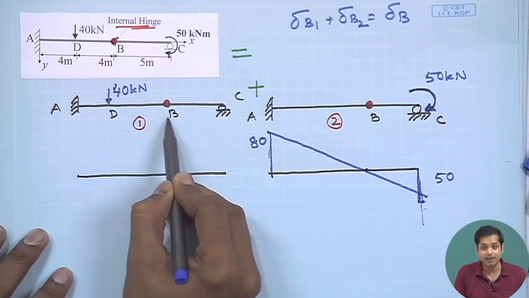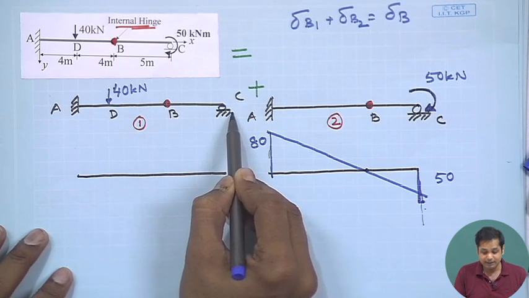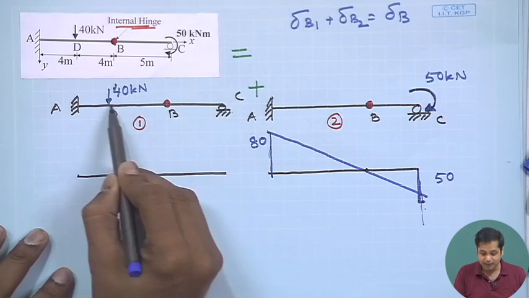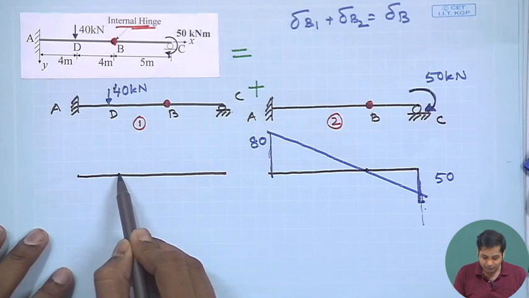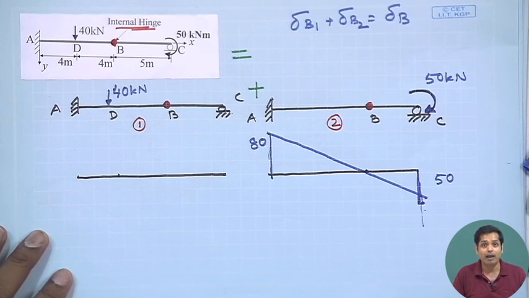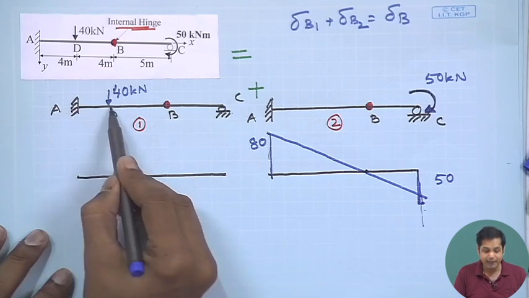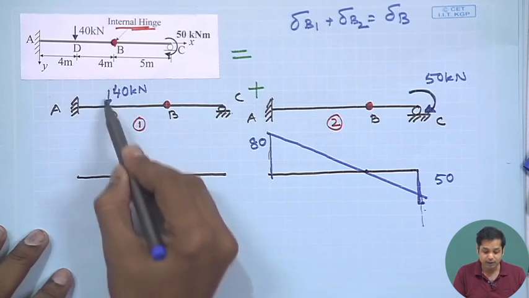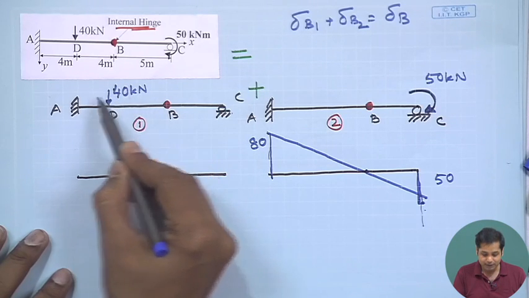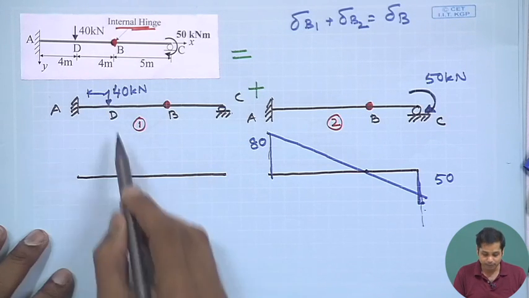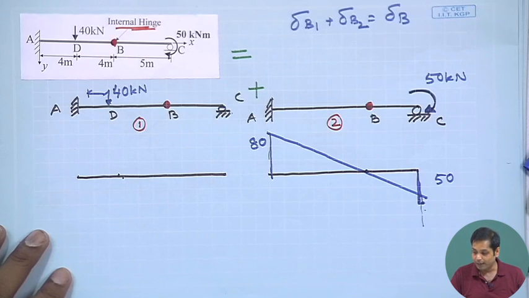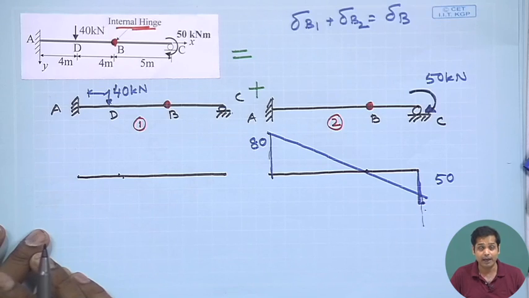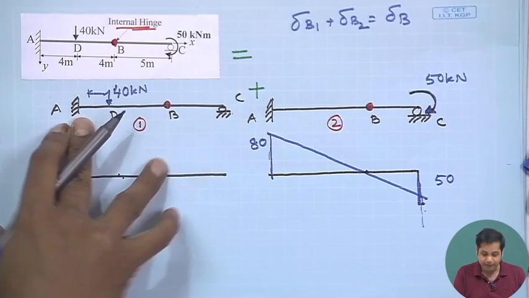The reaction at the hinge B is 0, C is 0, and between C and D there is no other load, and you have the 40 kilonewton load at D. Between A and D there is no other load, so the bending moment at any section will be caused by this load multiplied by this distance. So the bending moment will vary linearly between A and D, and what would be the sign of the bending moment? This beam will deflect like this.